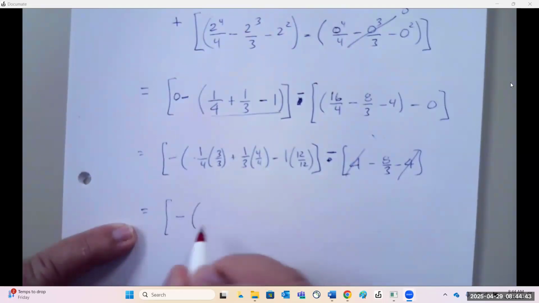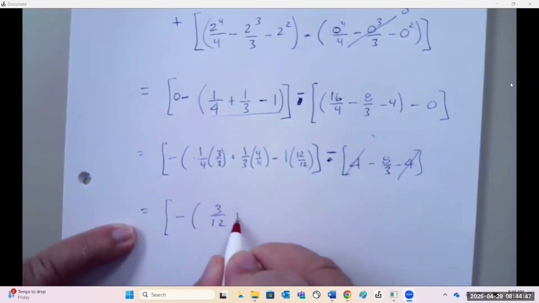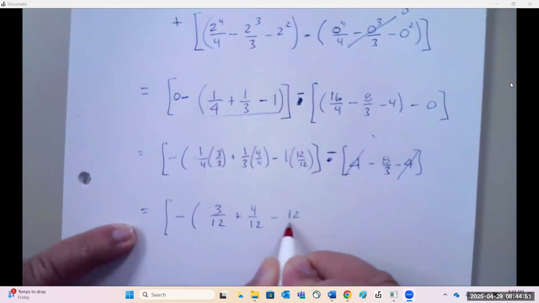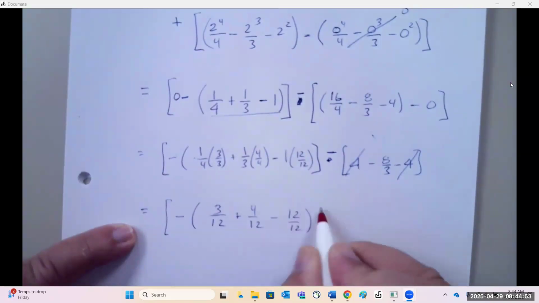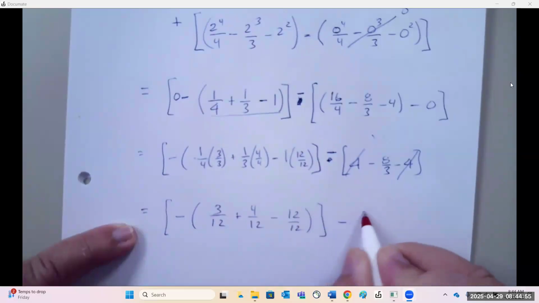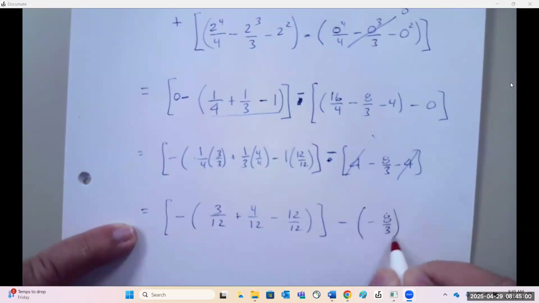So negative in front, so it's 3/12 plus 4/12 minus 12/12 minus negative 8/3.